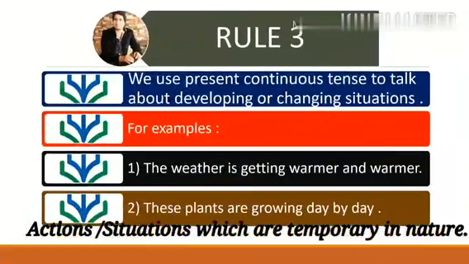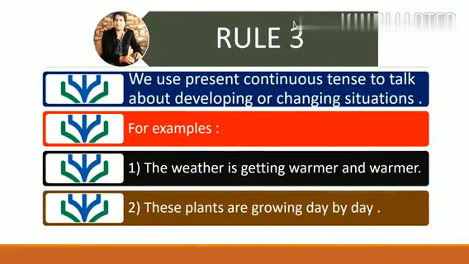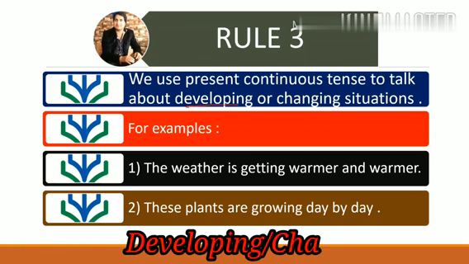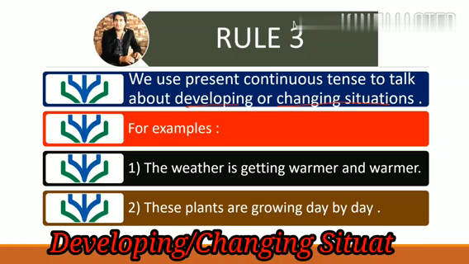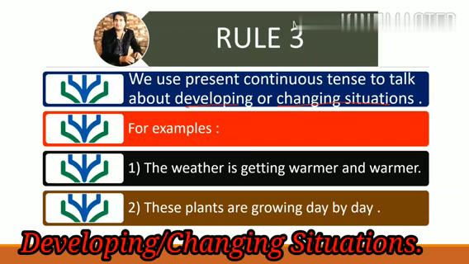Dear students, now come to rule three. We use present continuous tense to talk about developing, changing situations. That means the situation which is changing day by day. For example, the weather is getting warmer and warmer. The situation is changing now. In the second example, the plants are growing day by day.